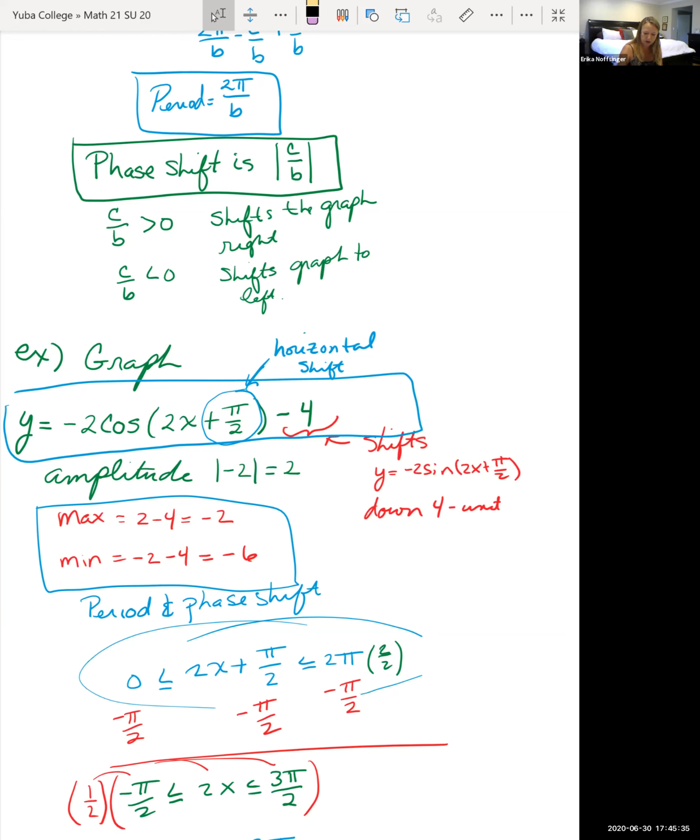Where are we at? So let's look at another example real quick. Let's say you were given information and it's asking you to find the equation.